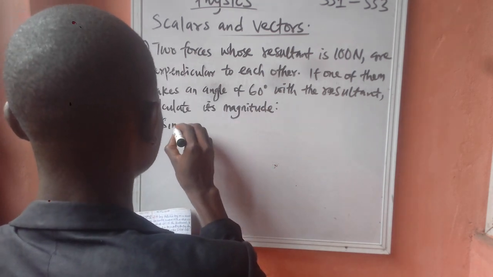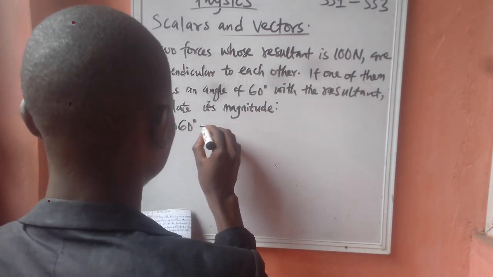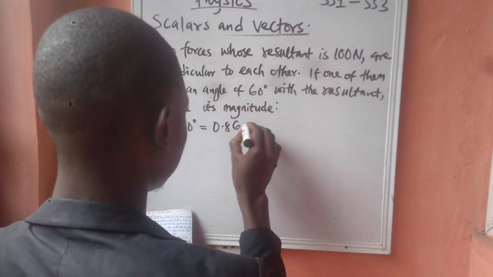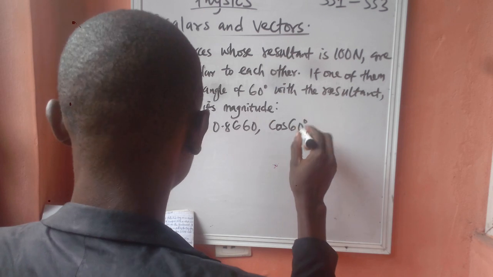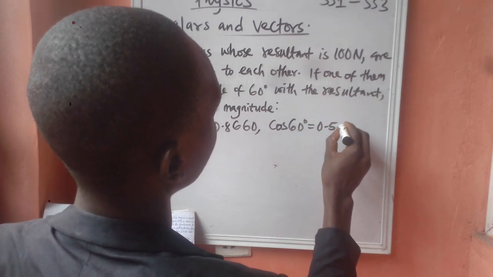Now, we are given that sine 60 degrees is equal to 0.8660 and cos 60 degrees is 0.500.